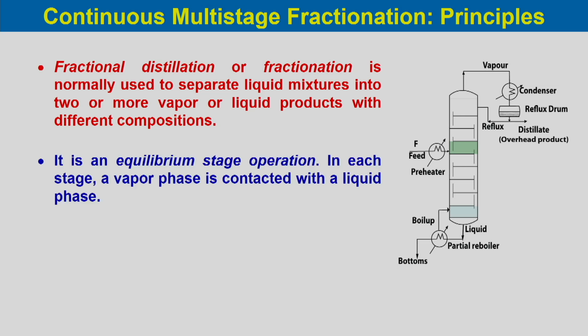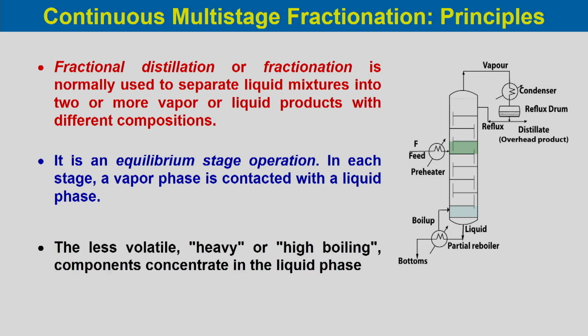It is an equilibrium stage operation, and in each stage a vapor phase is contacted with a liquid phase. So, you can see there are a number of trays, and on each tray the vapor and liquid come in intimate contact and reach equilibrium, and then they move from one tray to the other.